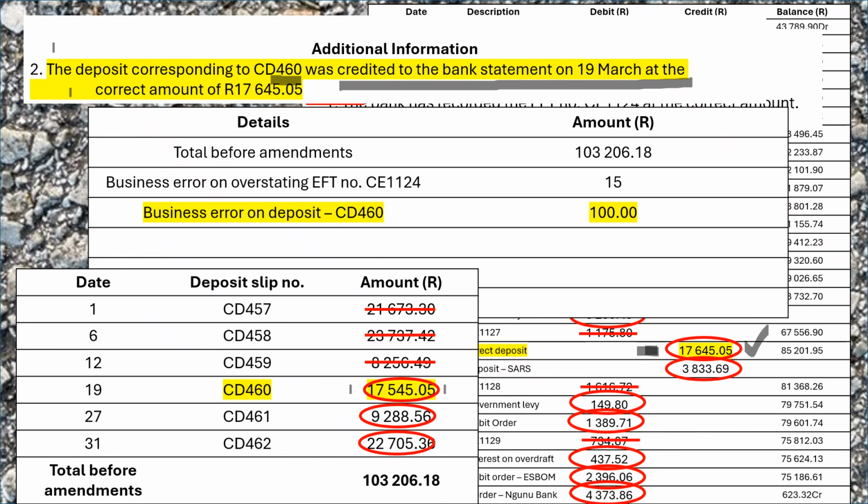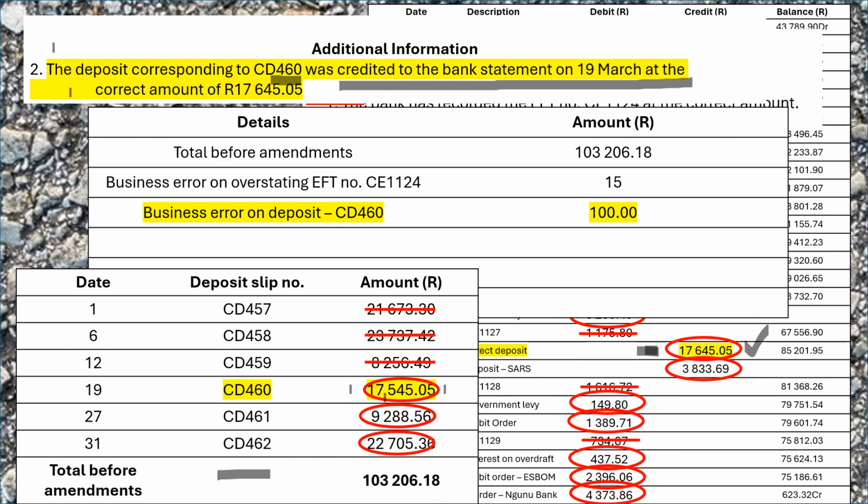Now in this case, the error is 100 Rand smaller. We made the error, and this should have been 17,645. To make it bigger, we can put it in the same journal. If it was already too big and you need to make it smaller, you put it in the opposite journal.